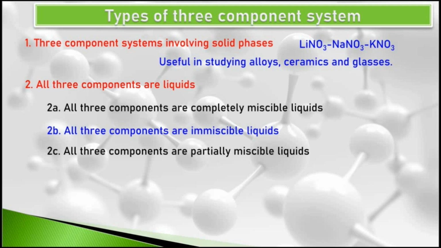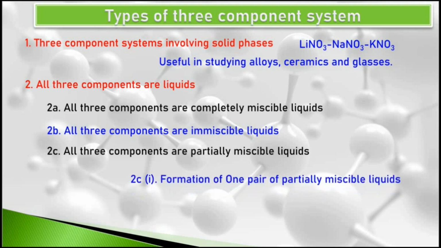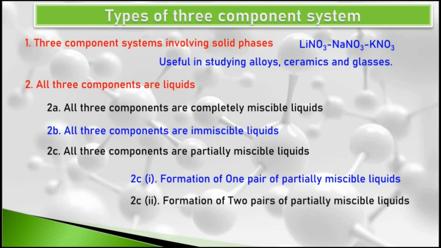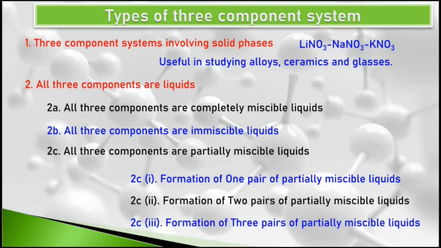This third case can further be divided into: number one, one pair is partially miscible and the third component is miscible in both the components; second, formation of two pairs of partially miscible liquids; and third, formation of three pairs of partially miscible liquids.